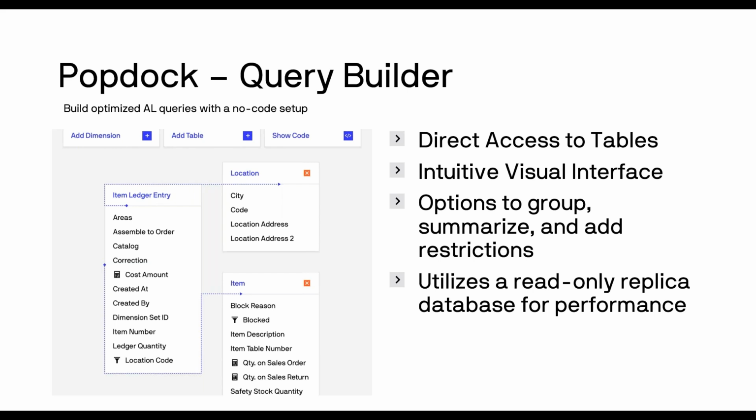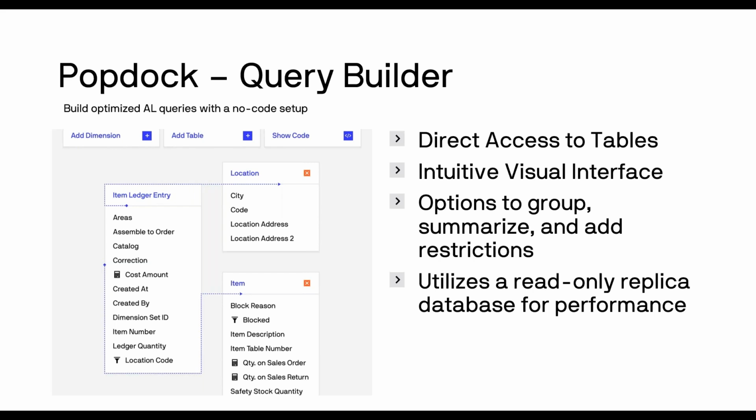The visual interface for building a join list is going to be very similar to the experience for your Query Builder list, except the big difference is with a join list inside of Popdock, we're essentially joining together two lists of data that Popdock has access to that might be going across different connectors that you've set up. Whereas with Query Builder, instead of lists, we are allowing you to join together tables from your Business Central environment.